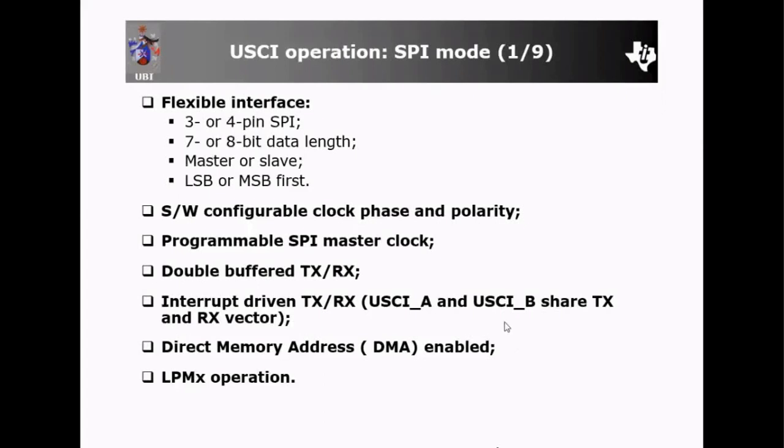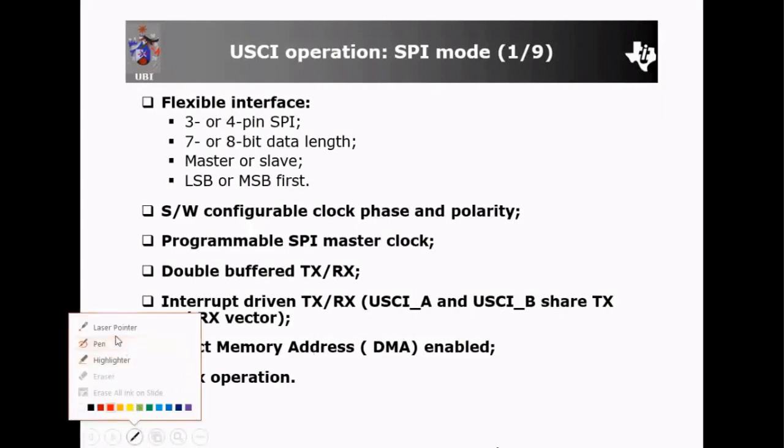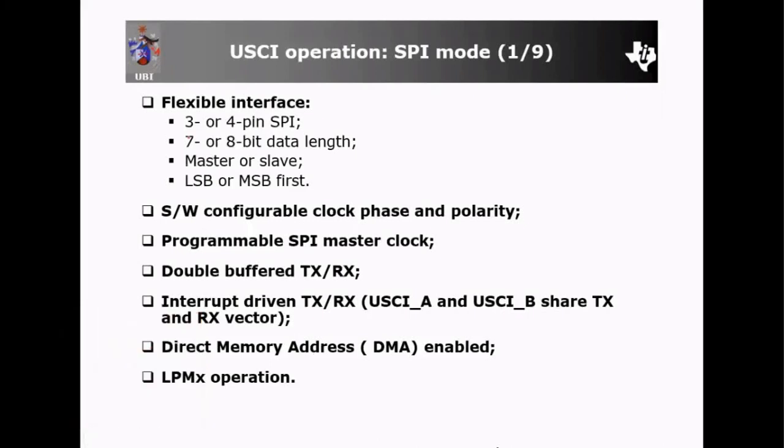The first thing is it has a flexible interface. It means 3 or 4 pin SPI. It is called 3 wire or 4 wire, that is, 3 pins or 4 pins SPI.